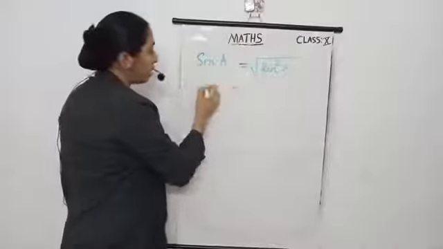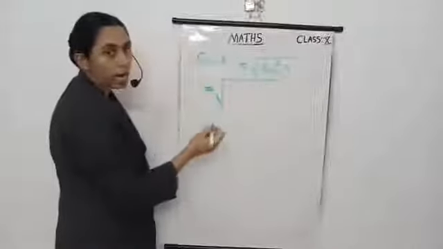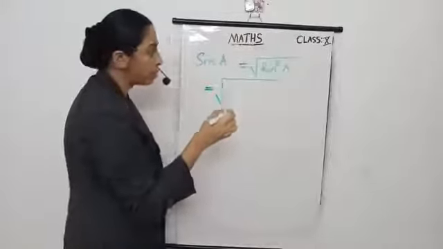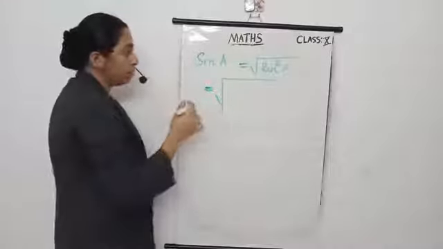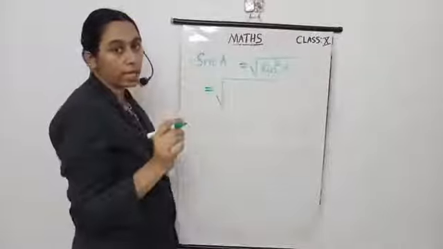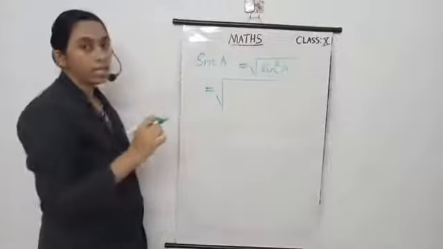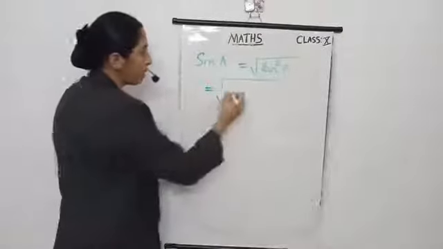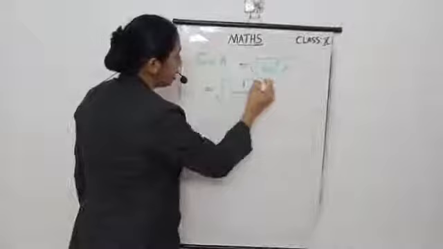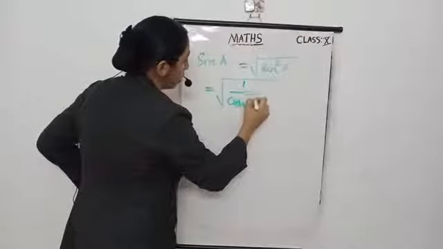Okay. Now consider root. What is sin A? I already taught you in the first class of this trigonometry. Sin and cosec have some relation. Sin A is equal to 1 by cosec A, isn't it? So here we can substitute that, 1 by cosec square A. Why?